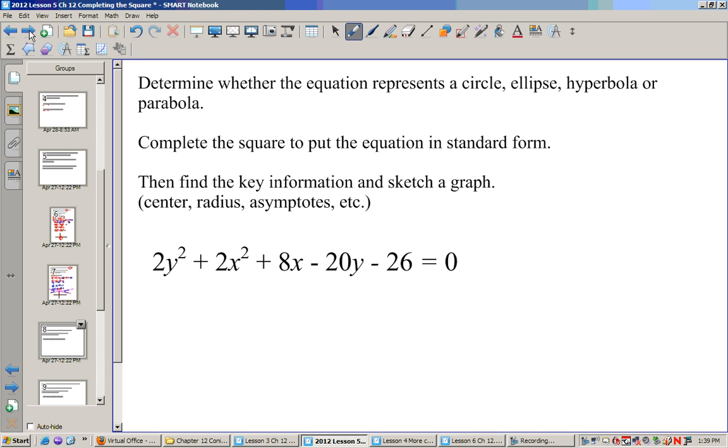Now, if you're getting the hang of this, pause the video, do the best you can on your own, and then start up and see if you get the same thing. Well, the first thing I do is put the x's together. And put this on the other side, so that would be equal to 26. So out of these two, I take a 2 out.